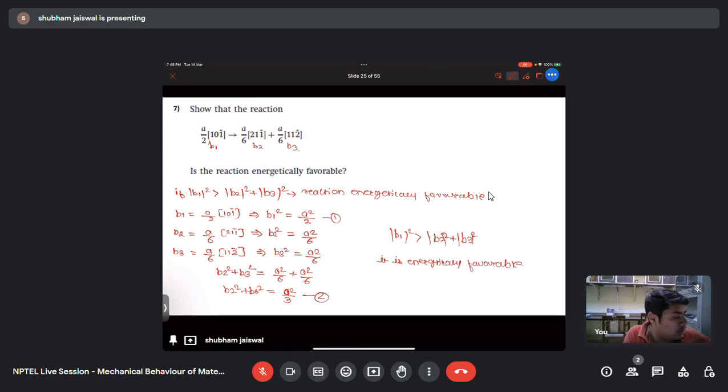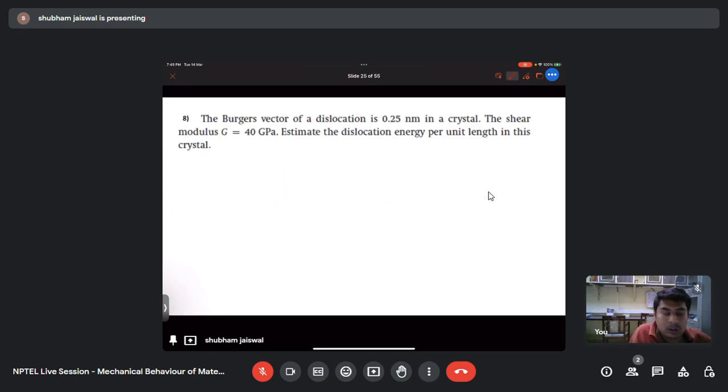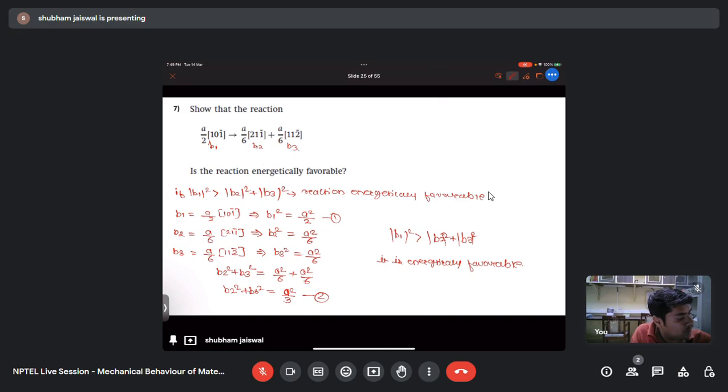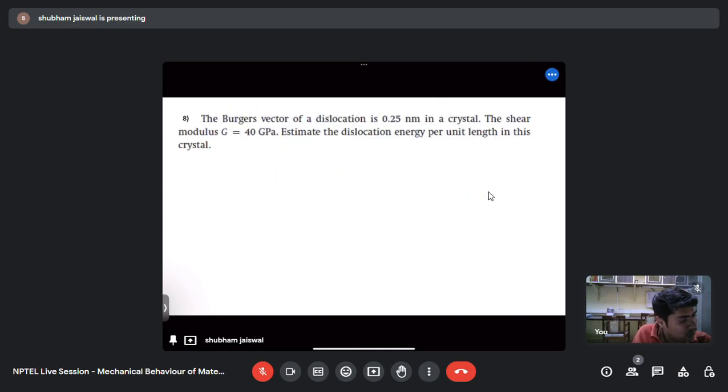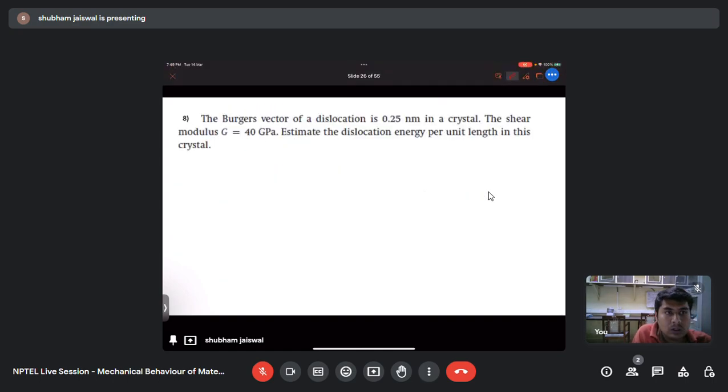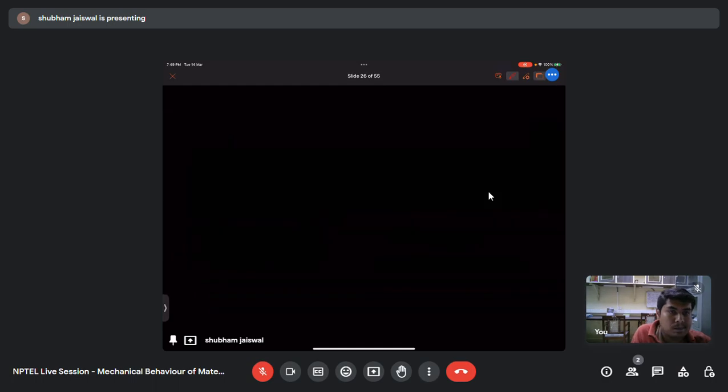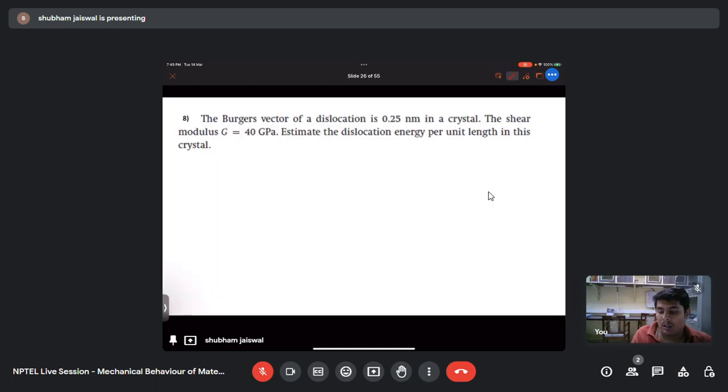Okay. So here we have the next question. The Burgers vector of a dislocation is 0.25 nanometer in a crystal. The shear modulus is 40 GPa.